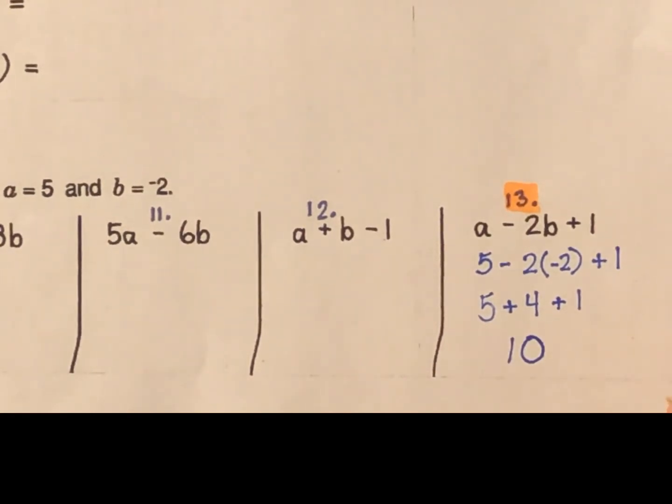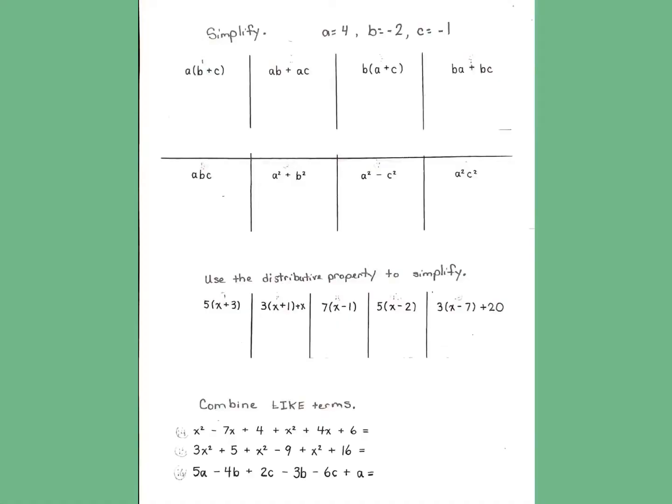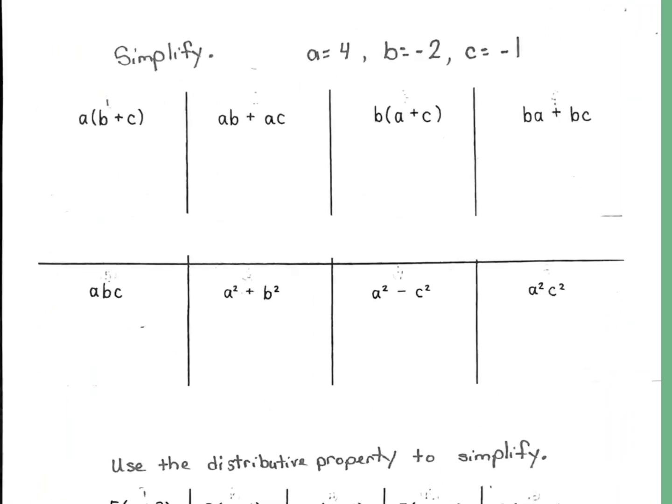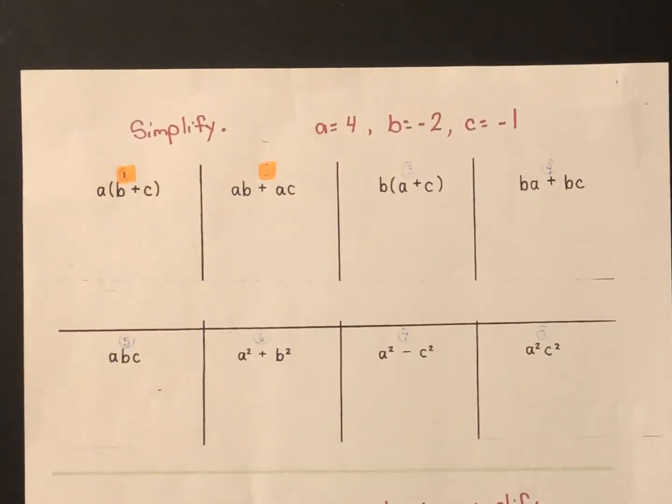Now let's go to page 18. Page 18 begins with more substitution. This time we've got 3 different variables to substitute. We'll do the first 2 together.